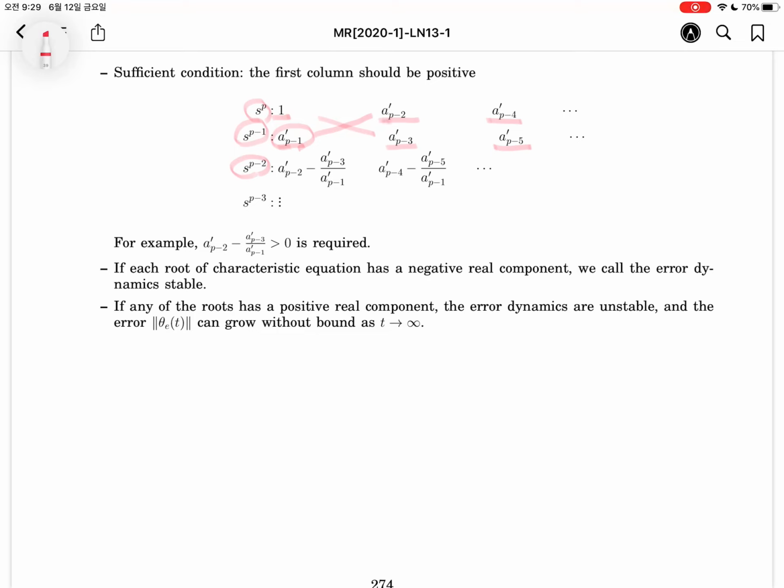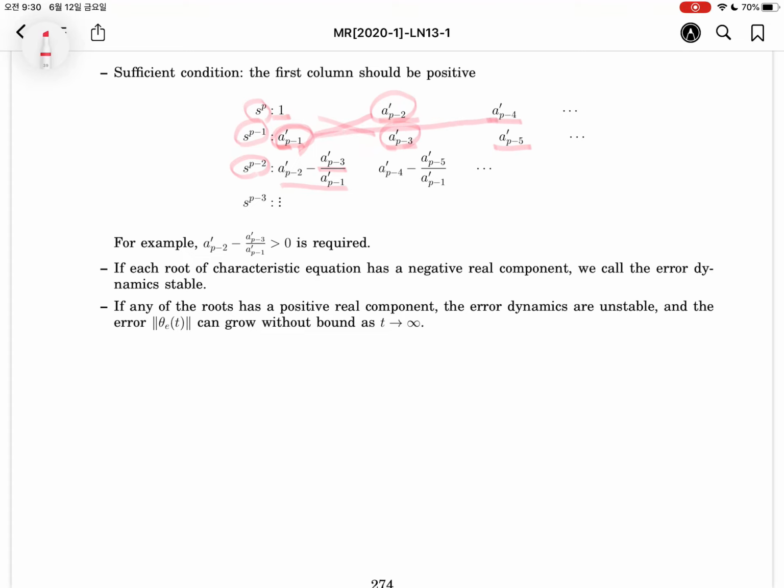So actually the result will be (a_{p-2} - a_{p-1}a_{p-3}/a_{p-1}). It is the new first column, first row of the (p-2) order polynomial.